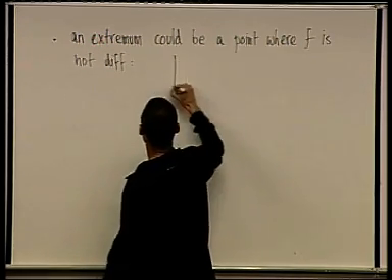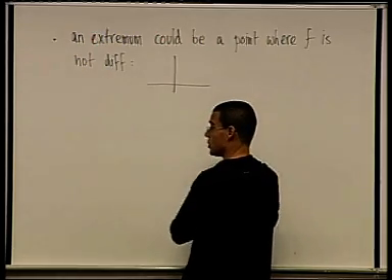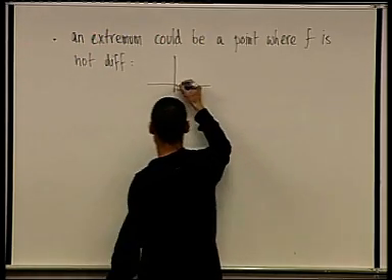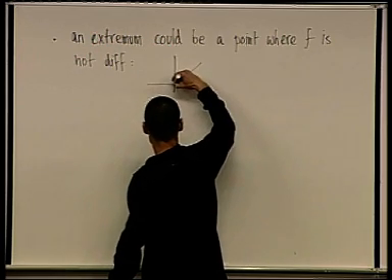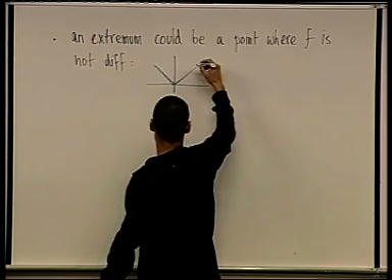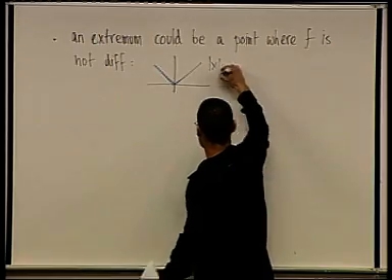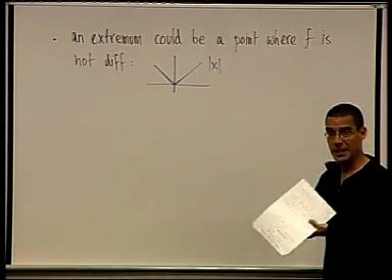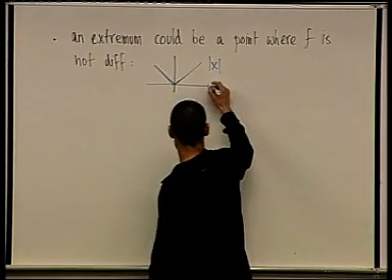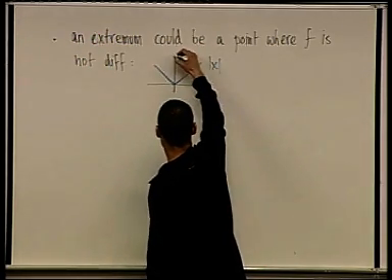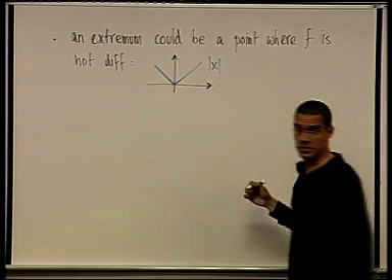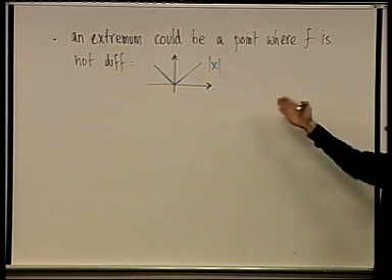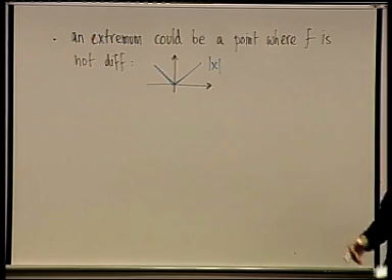So an example for that, which again we already mentioned, would be the absolute value function, which has a minimum at 0, but it's not differentiable there. So finding it in terms of finding the derivative and setting it equal to 0 will not locate this point.